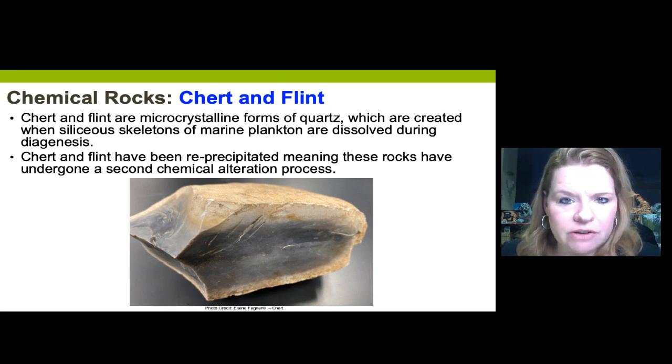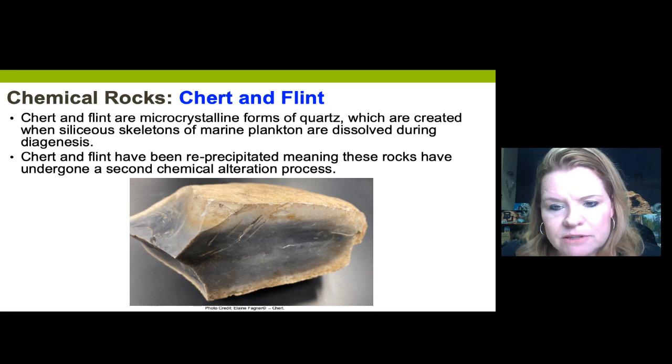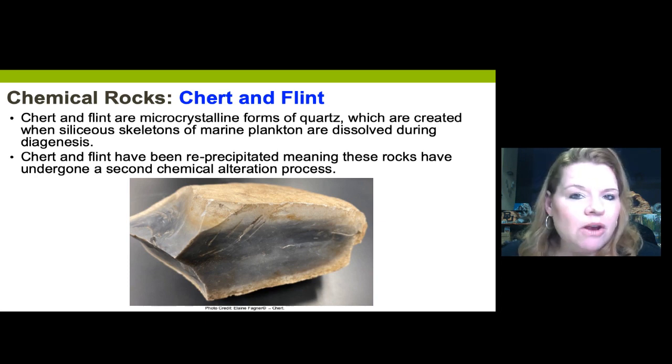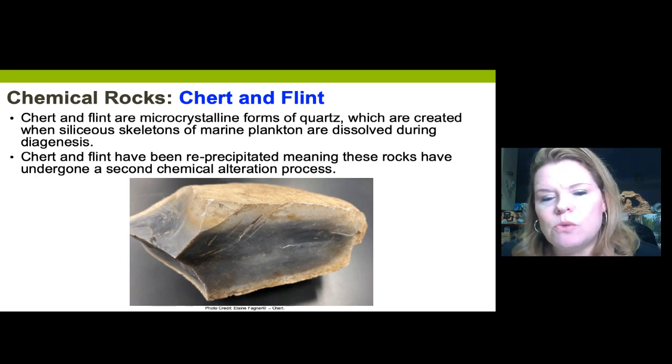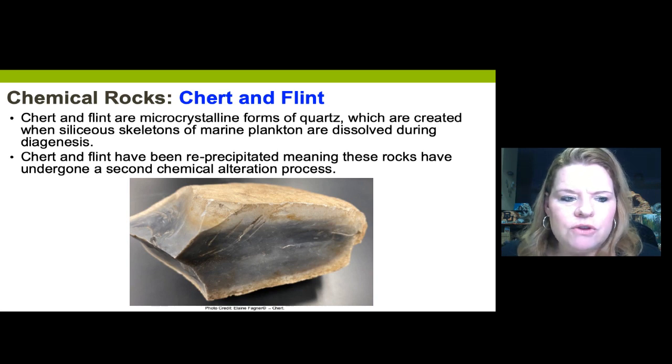They get dissolved during diagenesis, and that happens when the material is being made, the actual material of the chert and flint. So chert and flint represent reprecipitated versions of chemical sedimentary rocks, and they've been altered so they're much harder and durable. There is a fundamental difference between the two, and it's the microscopic organisms that make it up.